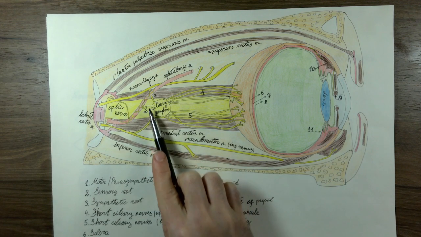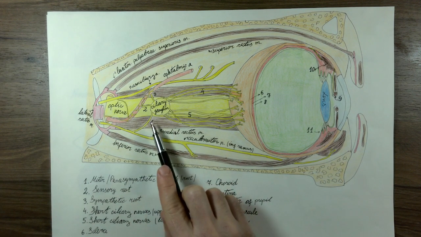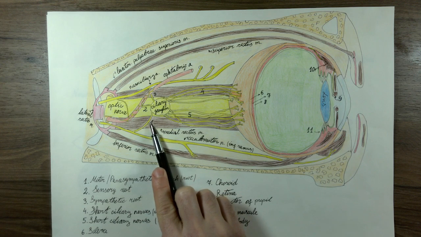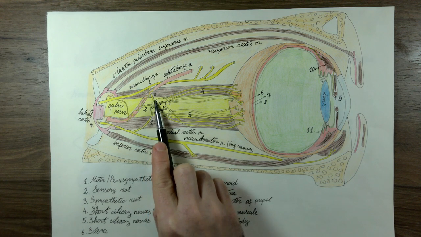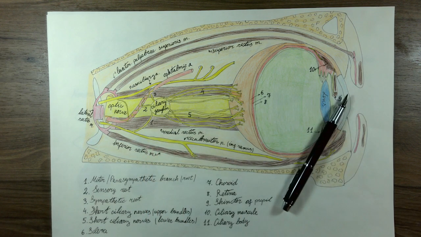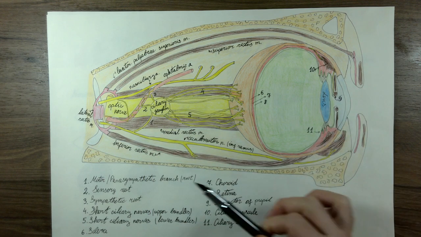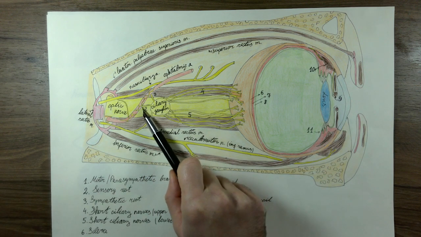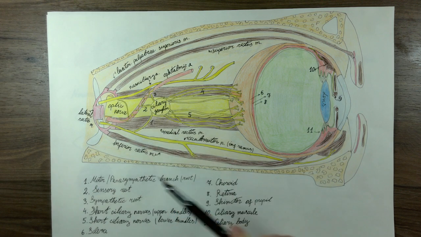The posterior pole is where the three roots would enter the ganglion, namely the motor root, which brings the parasympathetic fibers, the sympathetic root for the sympathetic fibers, and the sensory root for the sensory fibers. Again, keep in mind that these fibers can either come from the artery itself or they can join the nerve as well, right?